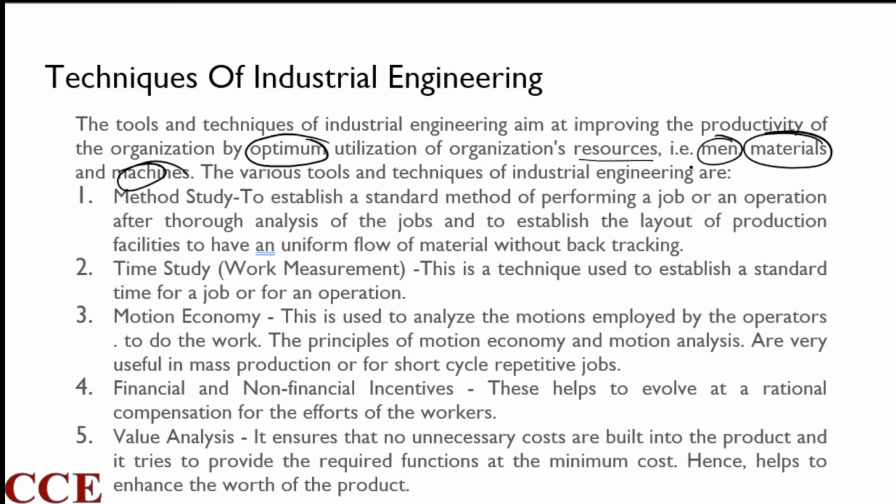The various tools and techniques are: number one is method study, to establish a standard method of performing a job or an operation after thorough analysis of the job, and to establish the layout of production facilities to have a uniform flow of material without backtracking.